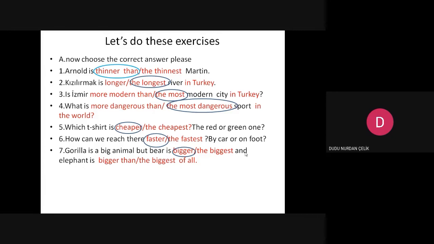And the rest of the sentence, we say elephant. Okay. And now we compare gorilla, bear, and elephant. Three of them. So this is a group of three. And we say elephant is the biggest of all.